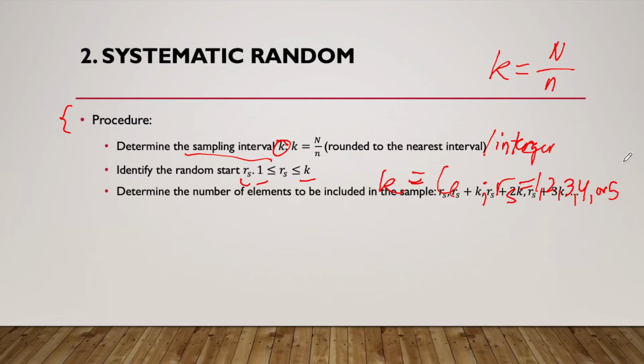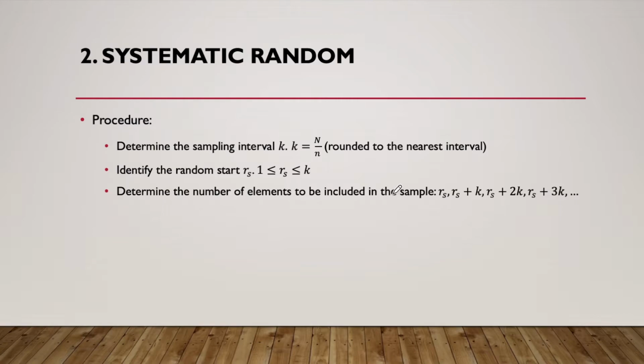Next, you determine the number of elements to be included in the sample. That is by the power of identifying the sample size. So how do you do that? You first start with your random start. After that, you use the interval so that you can move to the next part of the sample. You get the random start, add your first interval, and that will be your second part of the sample.